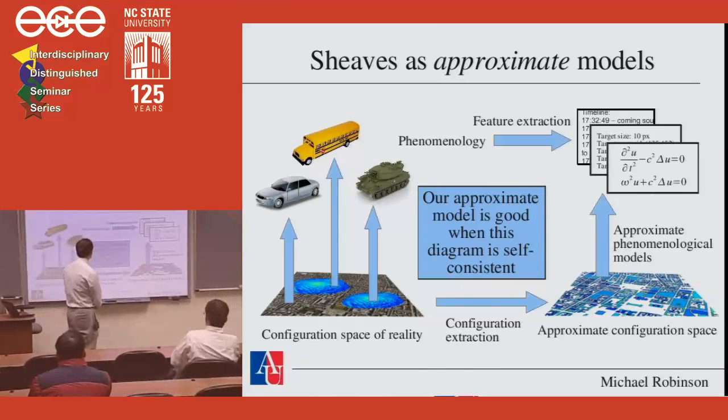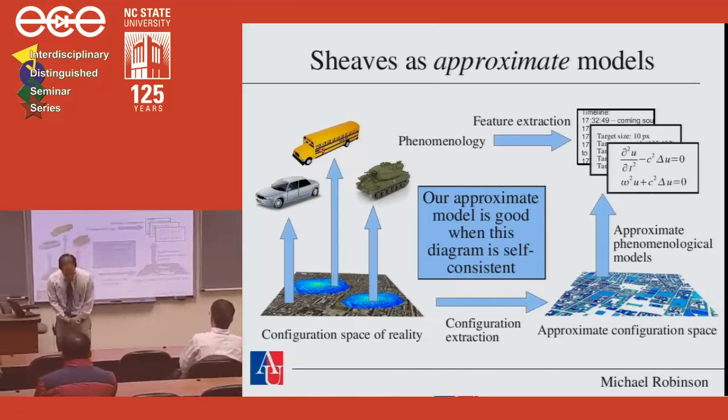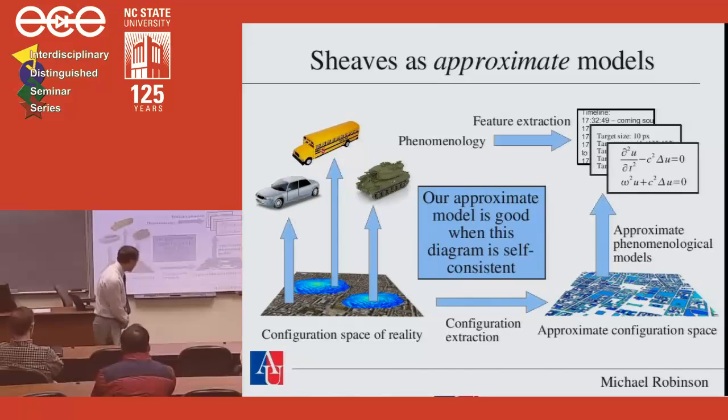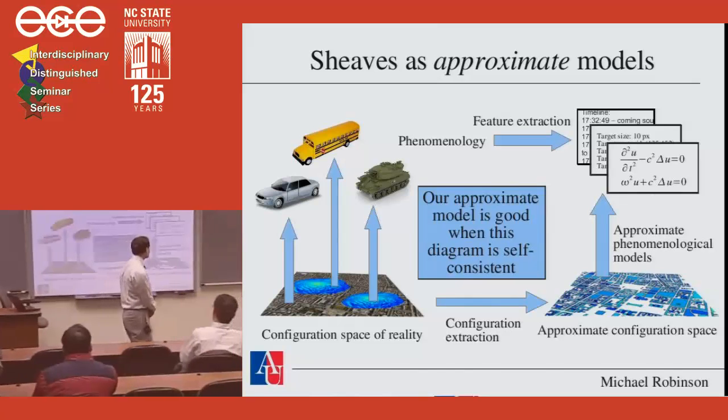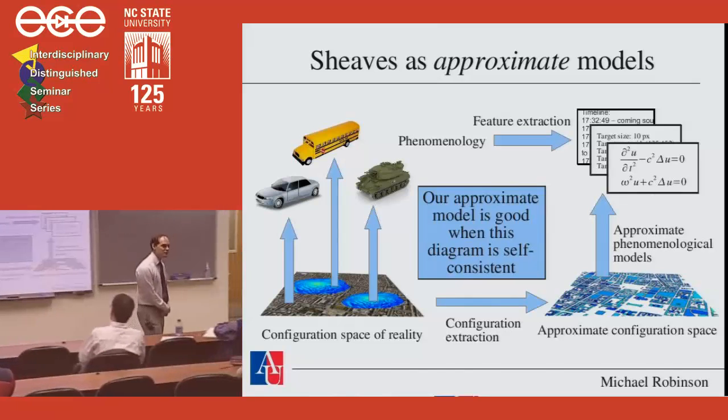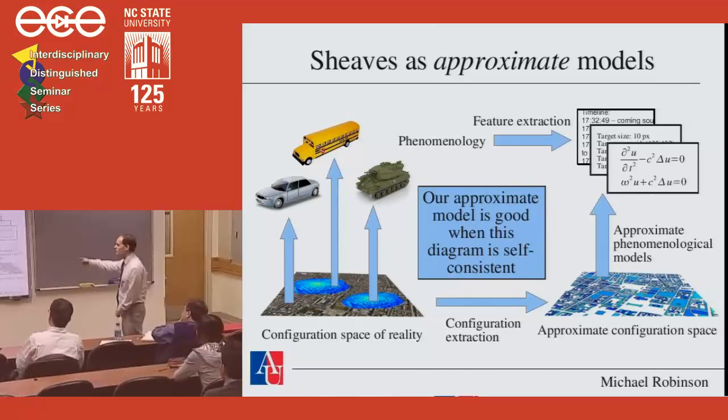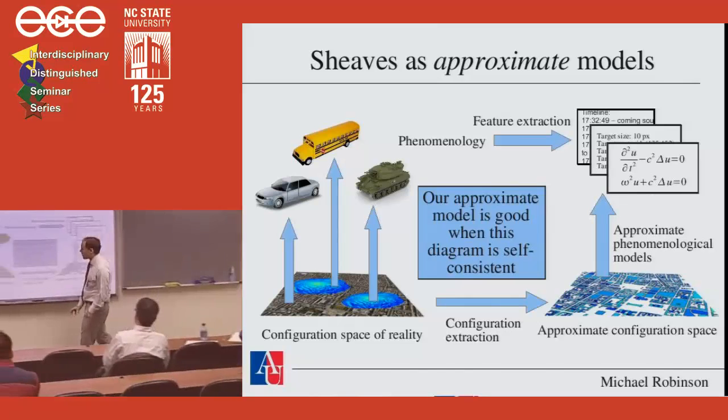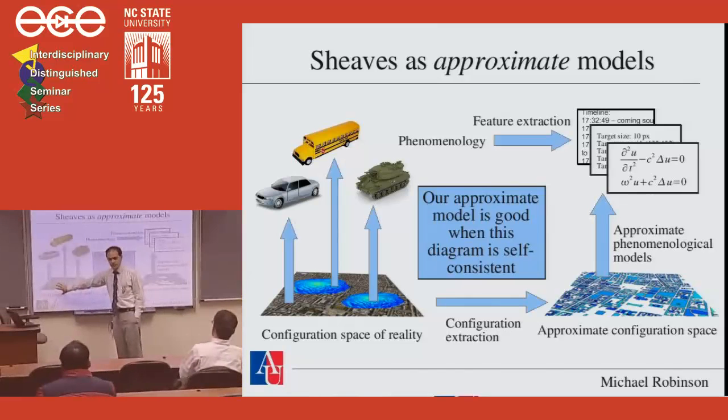Now, you realize I am somewhat of a mathematician, and I am a sheaf theorist and algebraic topologist. So I have to put a commutative diagram somewhere in the talk. And here's where our commutative diagram is: our actual model of the place where reality plays has some data sitting over it.